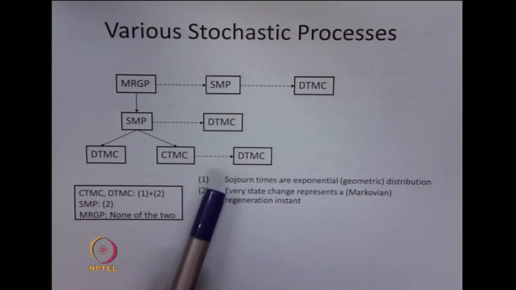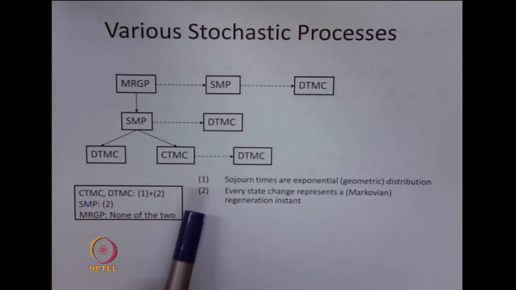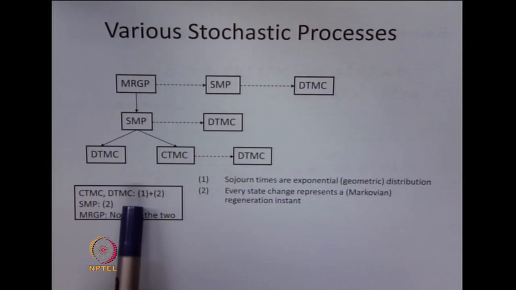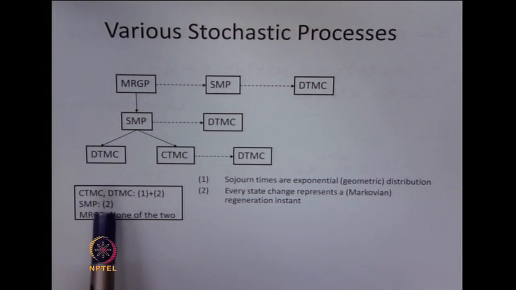Whenever the two properties are satisfied, the stochastic process is said to be a Markov process, and if the state space is discrete, then the Markov process is called a Markov chain, and based on whether the time space or parameter space is discrete or continuous, accordingly we have a discrete time Markov chain or continuous time Markov chain.